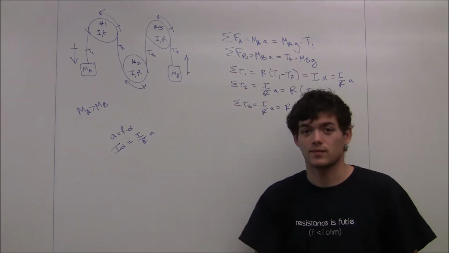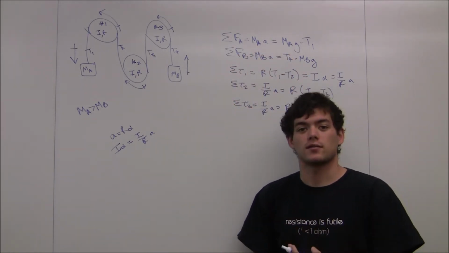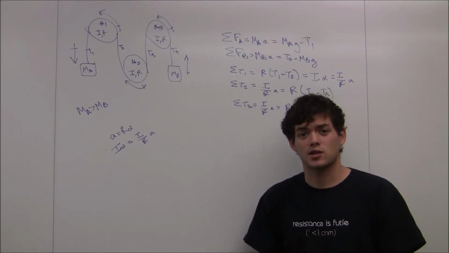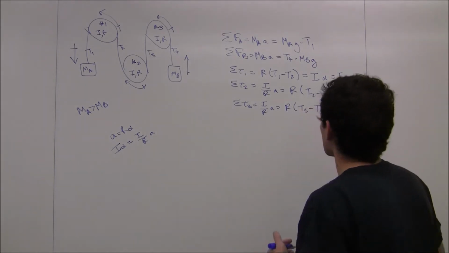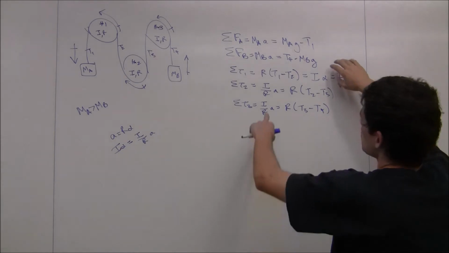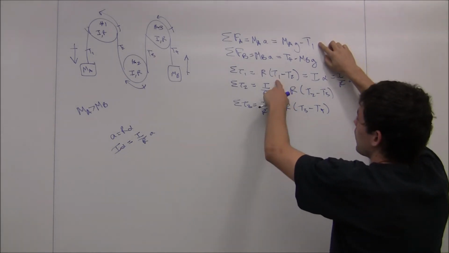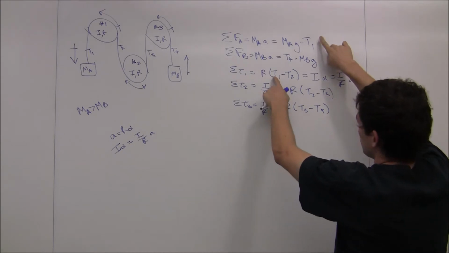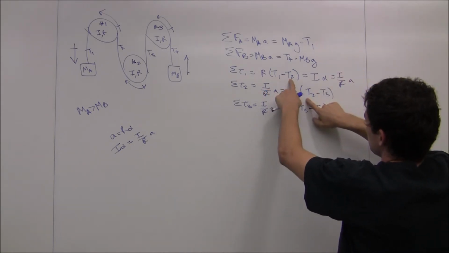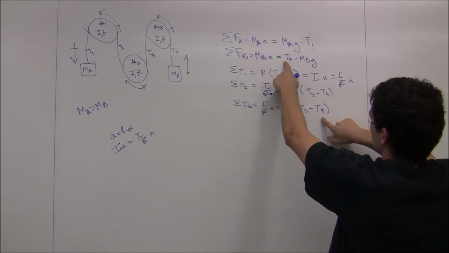Now at first, if you just kind of look at the system, that seems like it should be very difficult. But in fact, if you notice, each tension term appears exactly twice with one positive term and one negative term. So we have T1 and T1, T2 and T2, T3 and T3, and T4 and T4.